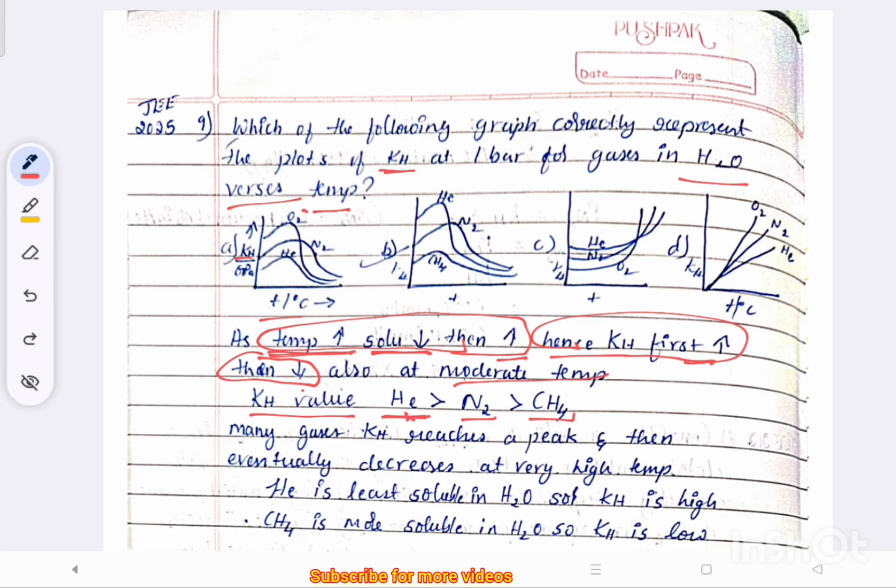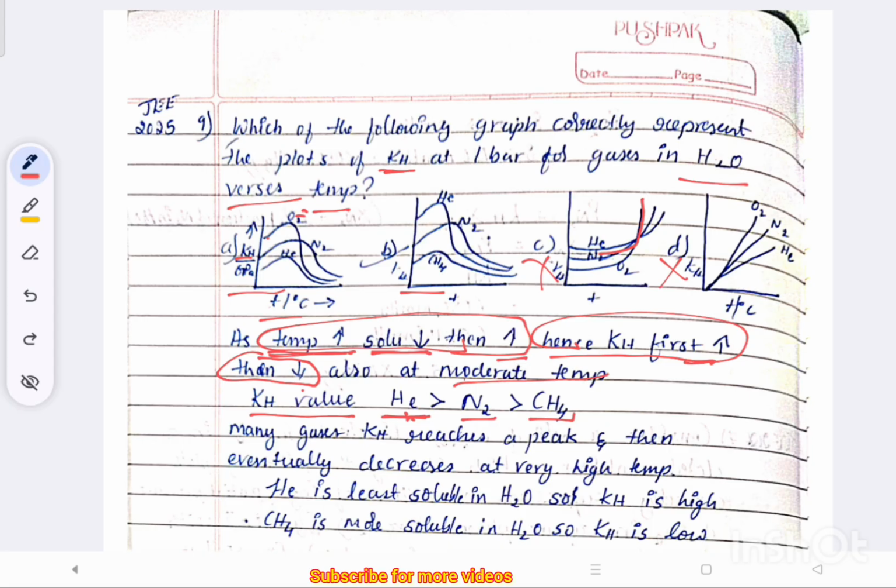So here, increasing, again decreasing. Here increasing, again decreasing. In these two we are agreeing. But in these two it is wrong. It is gradually increasing. So these two are cancelled out.